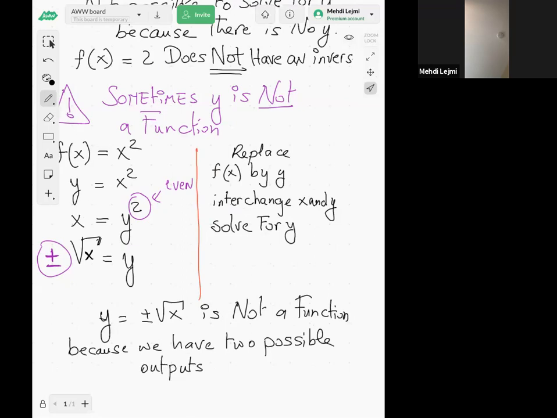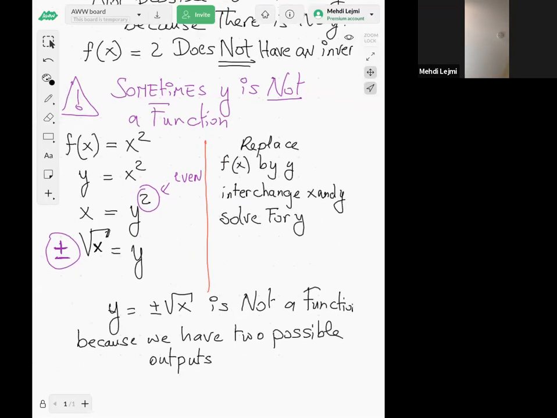And so y is not a function. Then this function f of x equals x squared does not have an inverse.